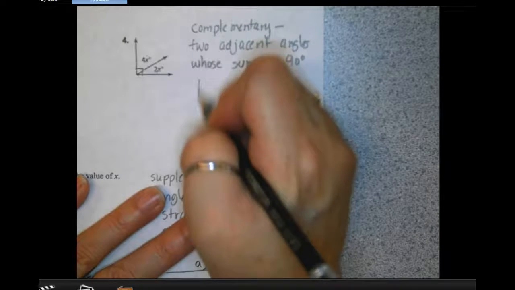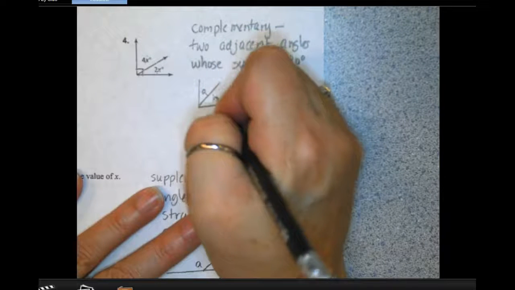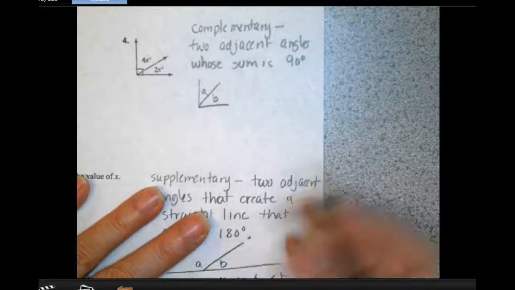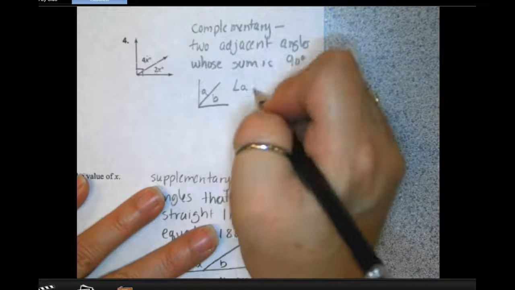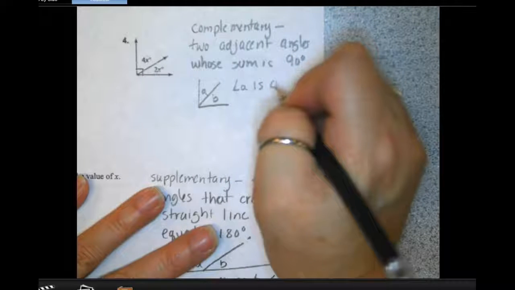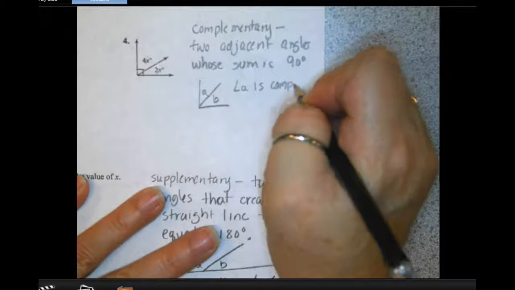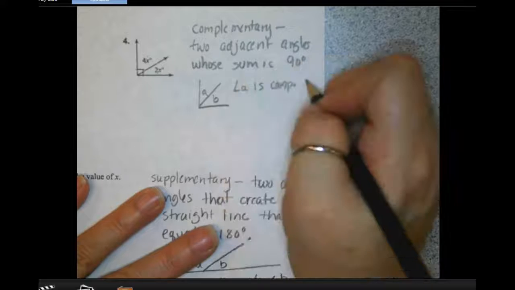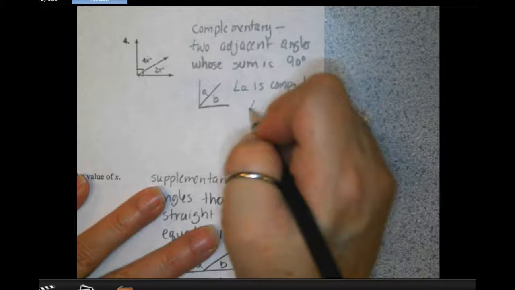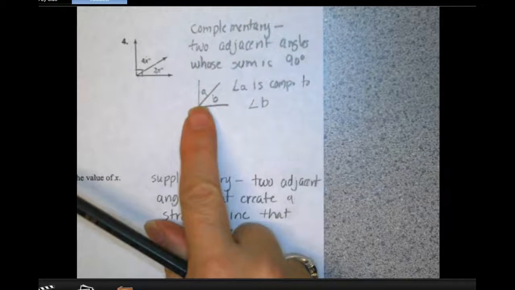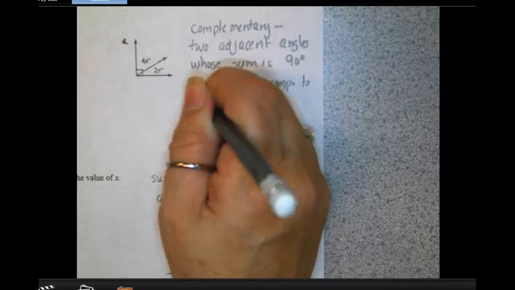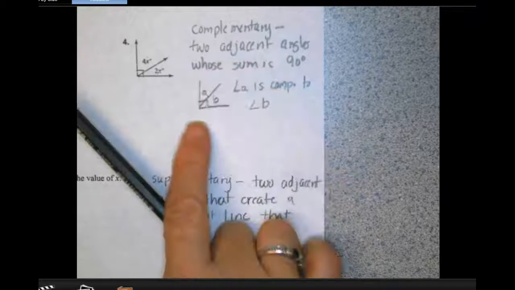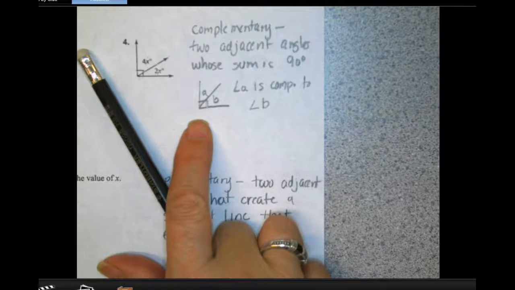I'm going to show you here with an example. Angle A and angle B. We're going to say angle A is complementary to angle B. And what they do is they form a right angle, which is represented by this square.